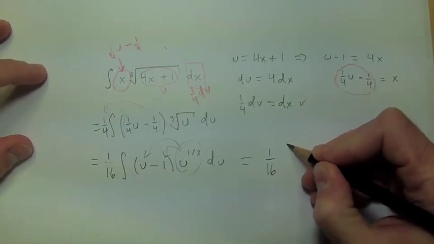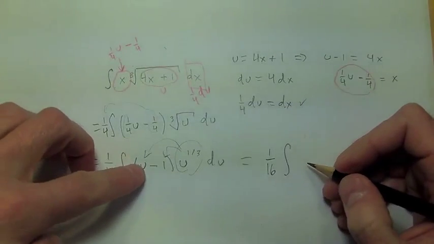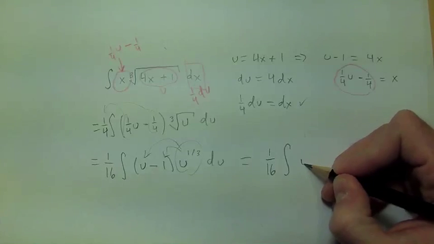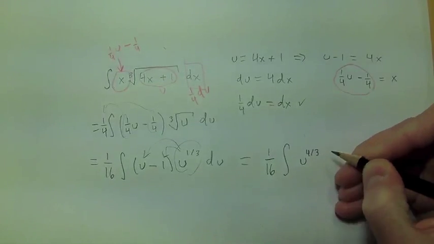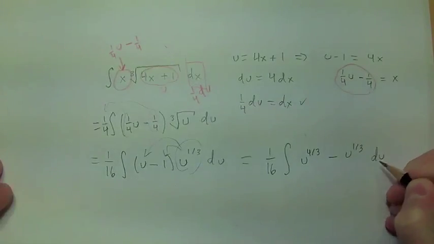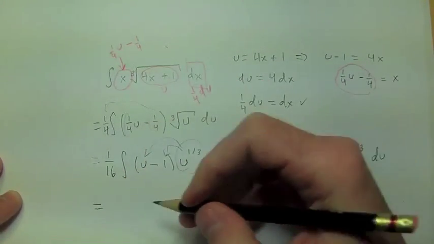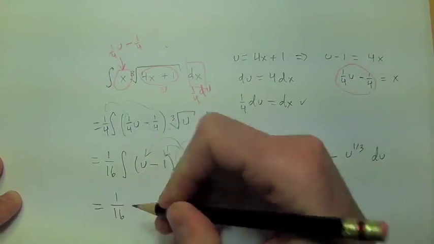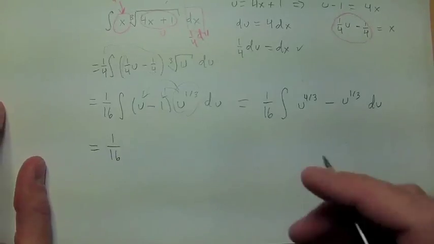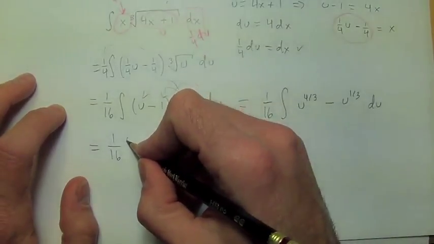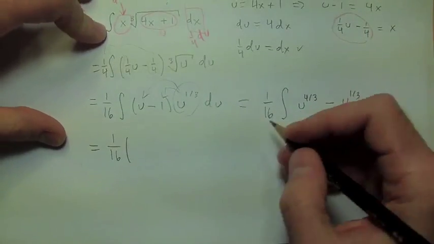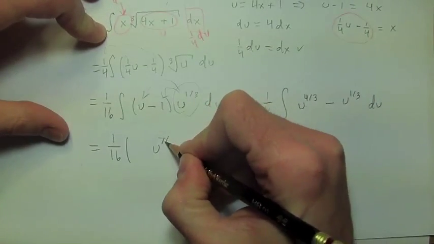Once I do that, I will now have 1/16 times the integral of u to the 1 times u to the 1/3. That will be u to the 4/3, minus u to the 1/3 du. And now we can just use the backwards power rule. Give me 1/16 times, all right, so when we add 1 here, we're going to get u to the 7/3.